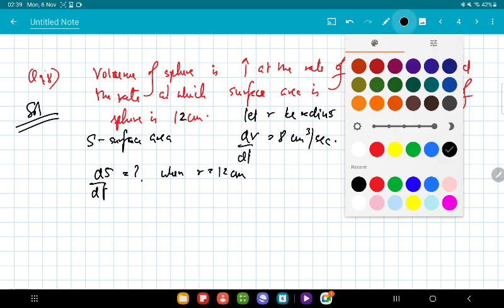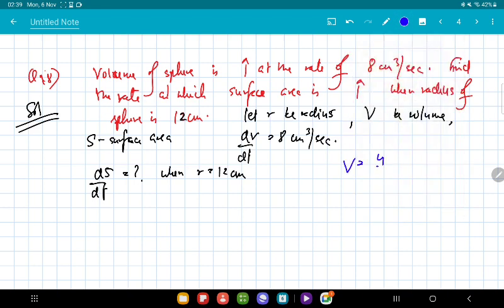As we know, I will change the color of my pen also. V is 4 by 3 pi r cube, right? So if I do dV by dt over here, 4 by 3 pi into 3 r square dr by dt, as we are differentiating r with respect to t.